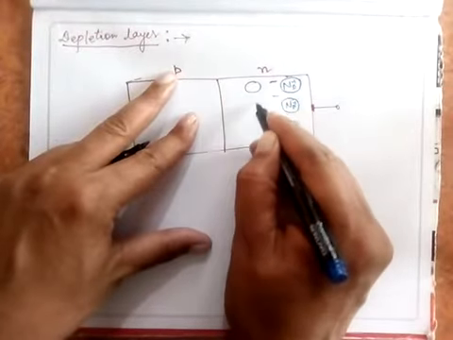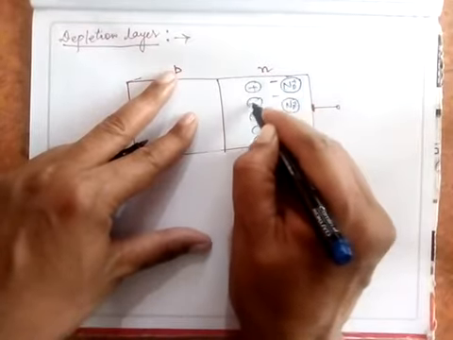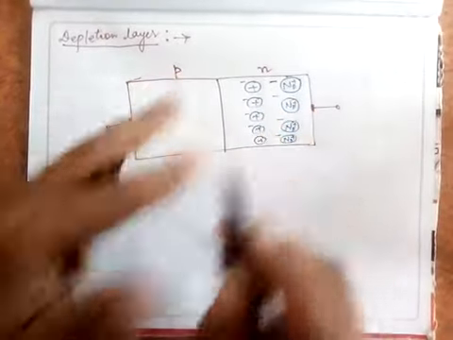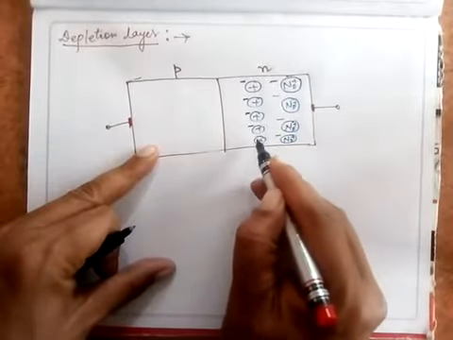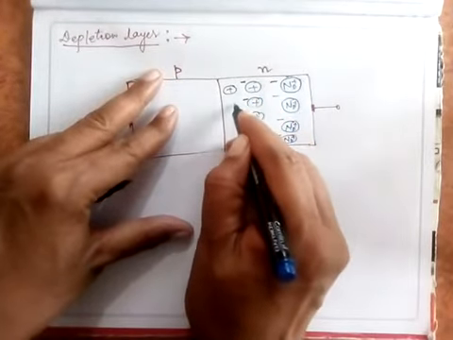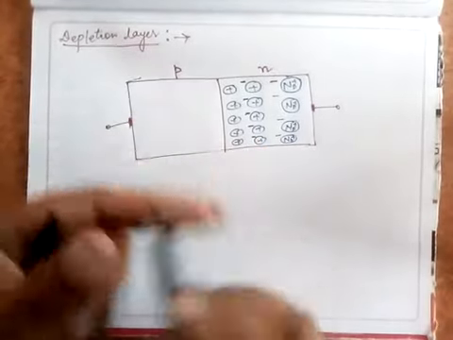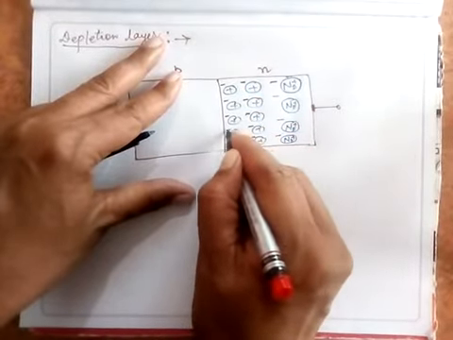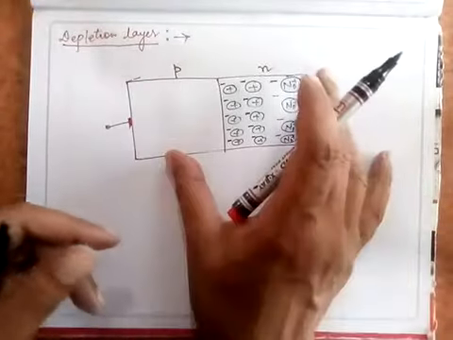These are donor ions here, and every donor ion has released an electron. Similarly, here you have these positive donor ions, with the release of an electron. So here you have a majority of electrons as compared to holes. Of course in the intrinsic semiconductor electrons and holes were both there.